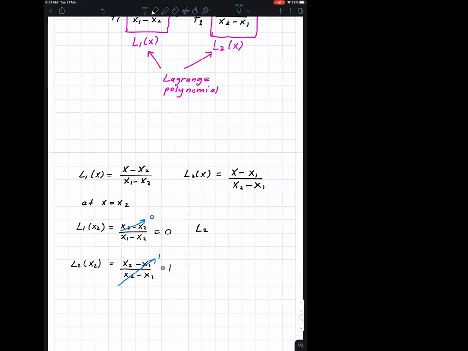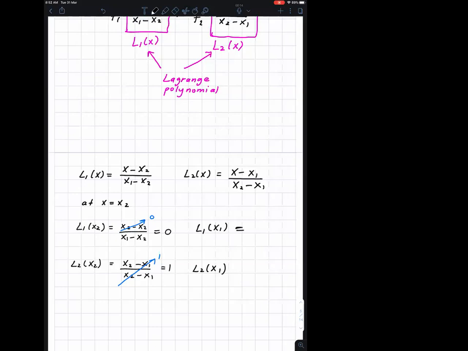Next, you do the same thing for the other part. You substitute your x with x1 in L1 and L2, that is L1(x1) and L2(x1).